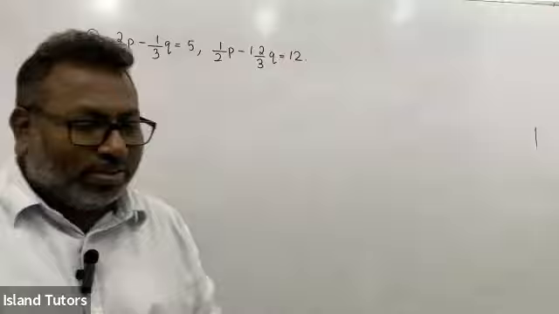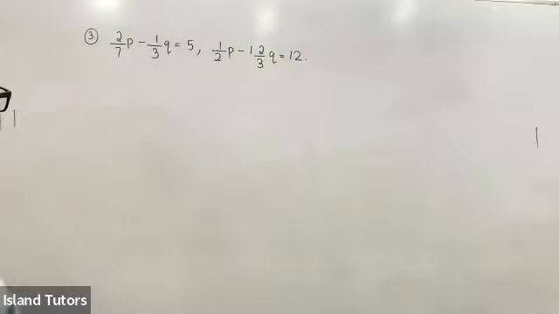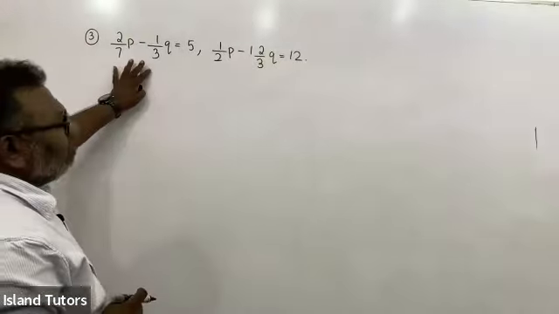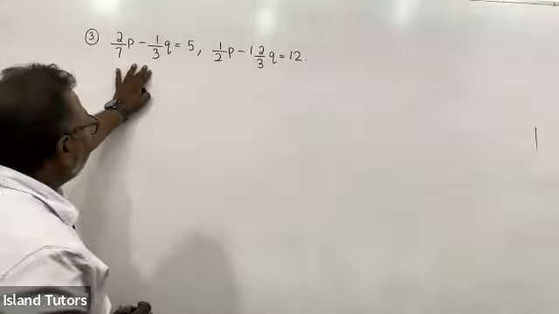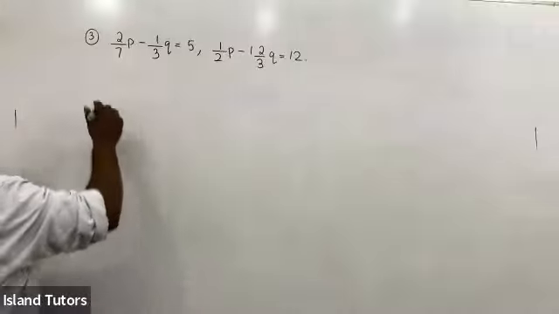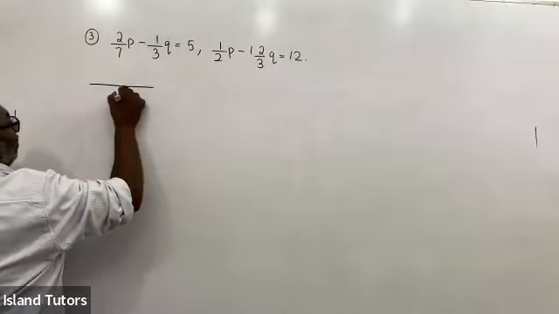Right, so let's try to solve this. Again, we'll start off by this side. We'll see what is the lowest common multiple for 7 and 3. So 7 and 3 lowest common multiple 21.